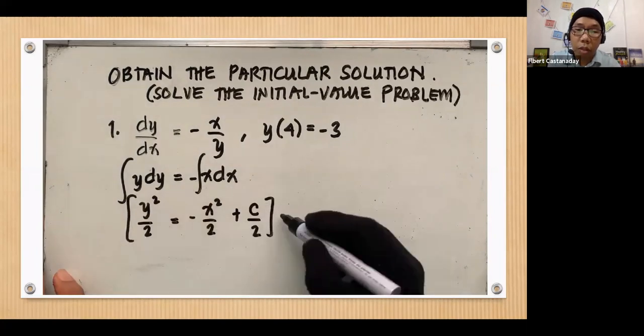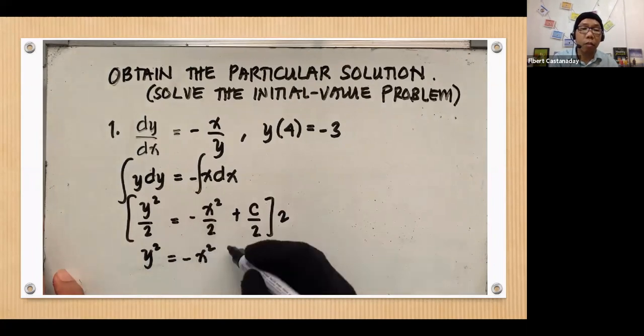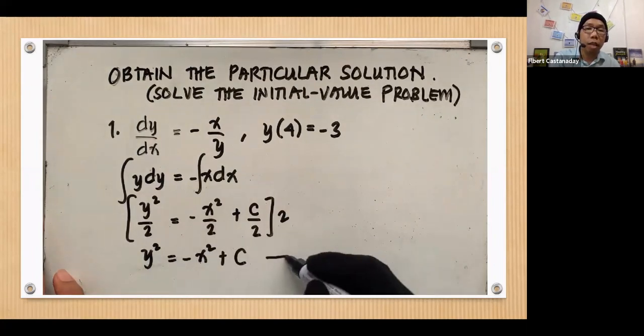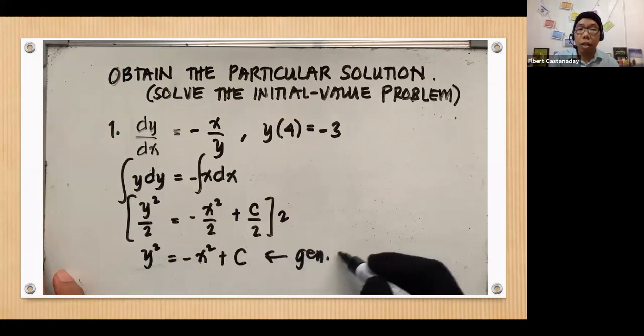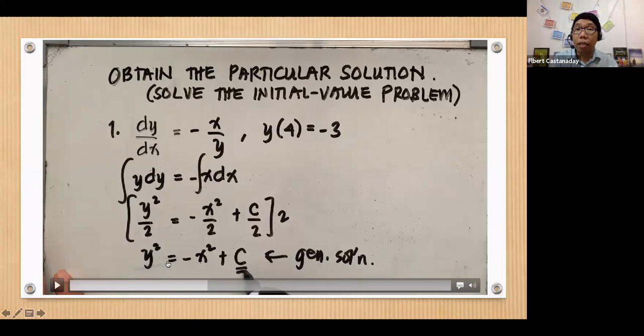Then you multiply both sides by 2, and we now have the equation y squared equals minus x squared plus c. This is now your general solution. Again, a general solution is a solution of a DE having arbitrary constants in it. So for us to obtain the particular solution, we have to utilize the initial values to solve for this arbitrary constant, and then plug in the value of c in this general solution to obtain the particular solution.